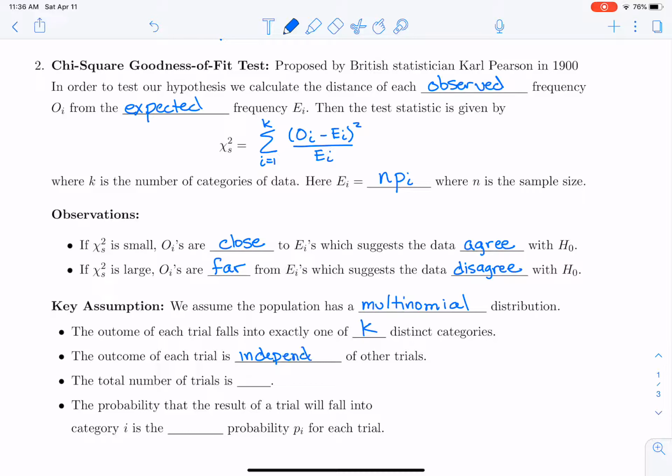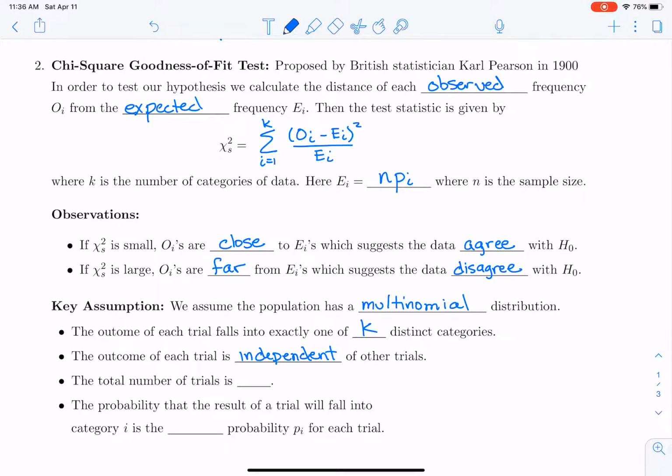So in this case, we're going to randomly select a person and then test to see what blood type they have. Then we'll randomly select another person independently and test to see what blood type they have. We're not going to include people in the sample who are family members or something that would make it so that each person is not independent.